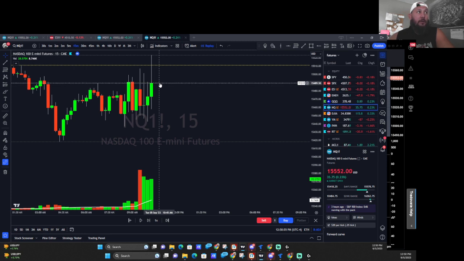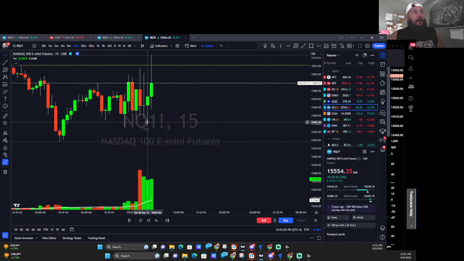Now I will tell you that the first 15 to 20 minutes or 15 to 30 minutes of the market open is the most volatile time frame. See these wicks on these candles? That just basically means that buyers got up to here and then sellers stepped in and brought it back down. Buyers got up to here and sellers stepped in and brought it back down.